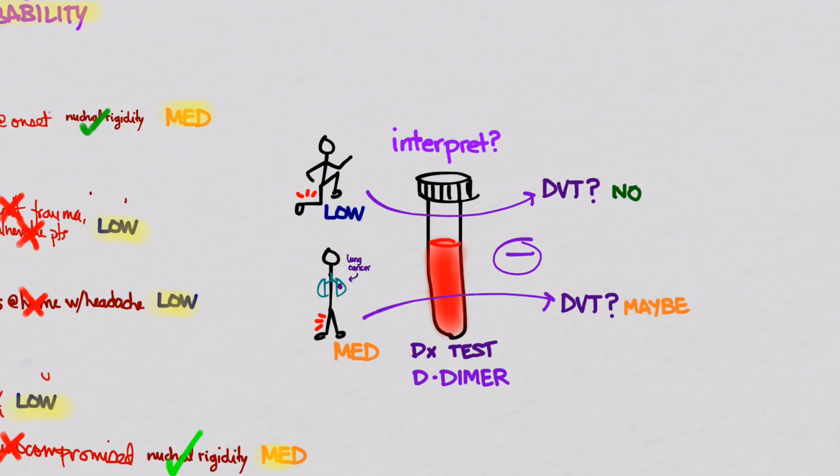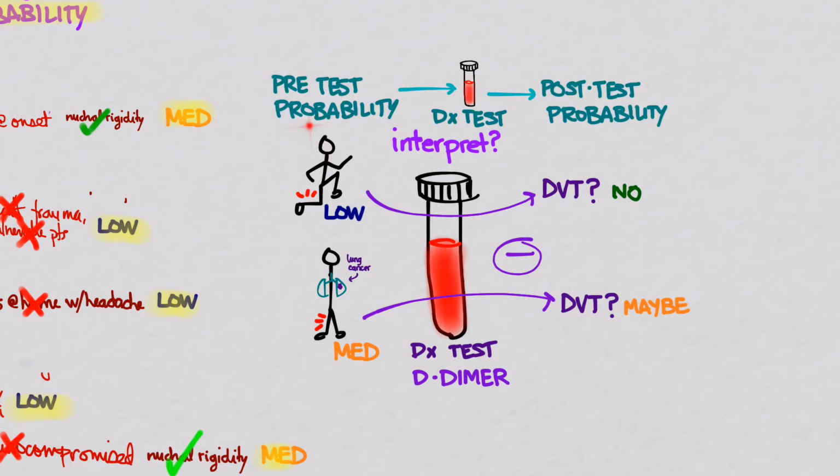And so this exact same test, the D-dimer test, a negative result, the exact same result, the way you interpret it matters. It's totally based on your pre-test probability. So we go from a pre-test probability, through the diagnostic test, to the post-test probability. And the way we interpret this diagnostic test completely depends on the pre-test probability.